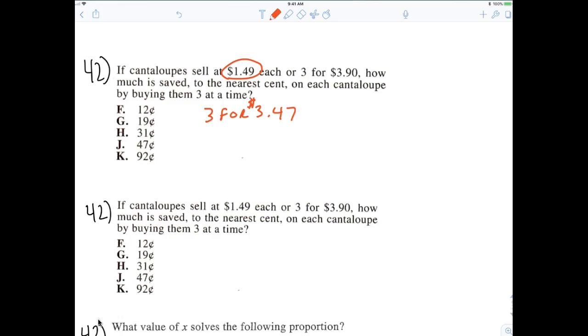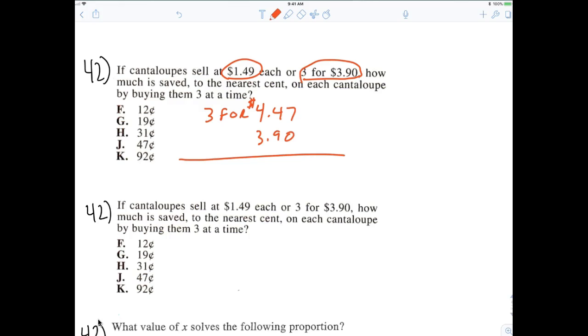You said 4.47, right? Yeah. I wrote 3 by accident. So you're just subtracting those. And that would be how much?